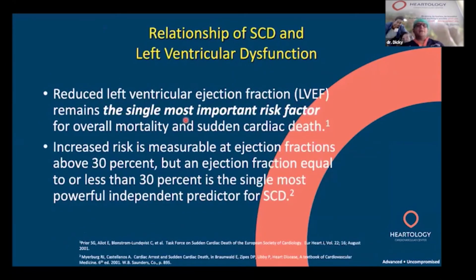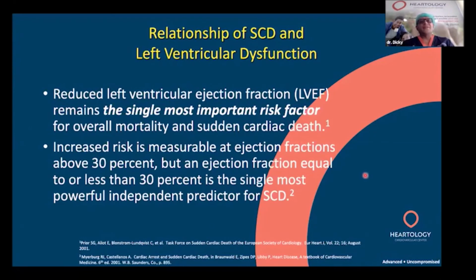And of course, sudden cardiac death, a little about ICDs as an electrical therapy in patients who do not get into the care for CRT. There is a relationship between sudden cardiac death and LV dysfunction: ejection fraction is the single most important risk factor for overall mortality and sudden cardiac death.